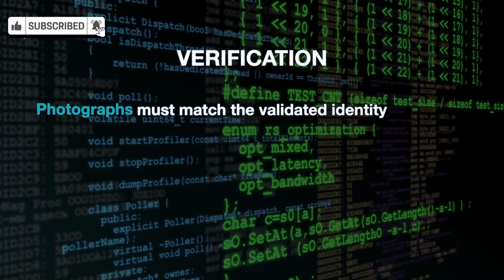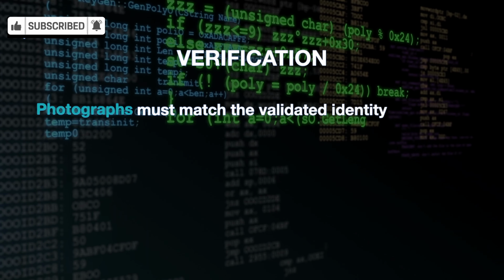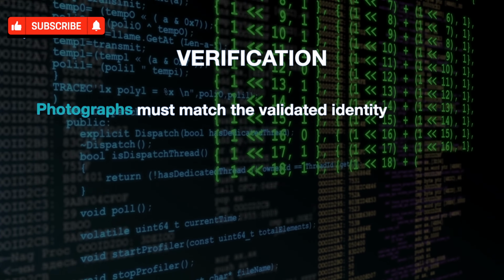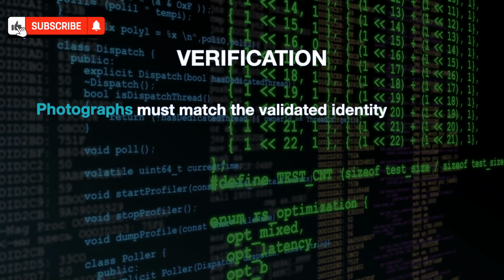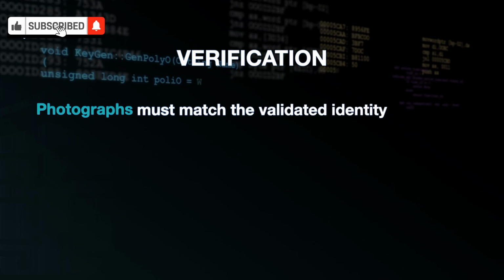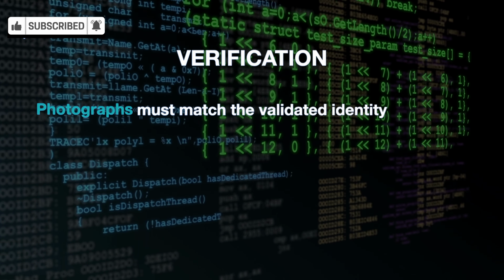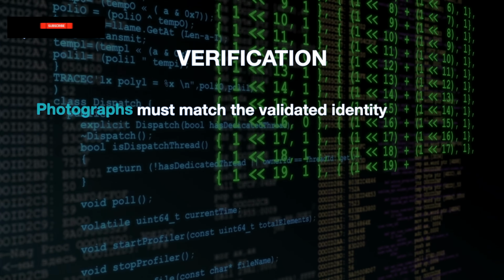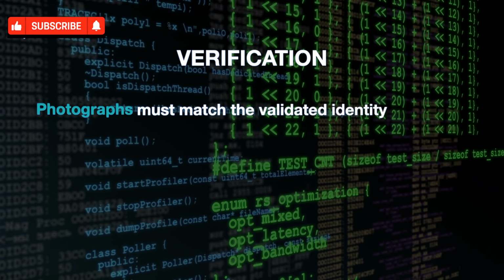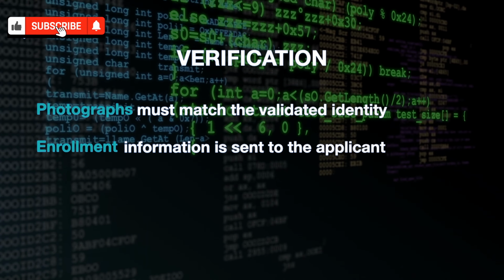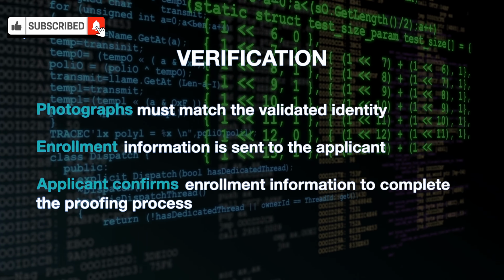The enrollment information is then sent to the applicant. Then the applicant would confirm enrollment to complete the proofing process, and at this point they would be given their credentials so that they can now access the system. And for some considerations for the enrollment process, it's very important that each step can be clearly outlined, and that it is as easy as possible for the applicant to complete.